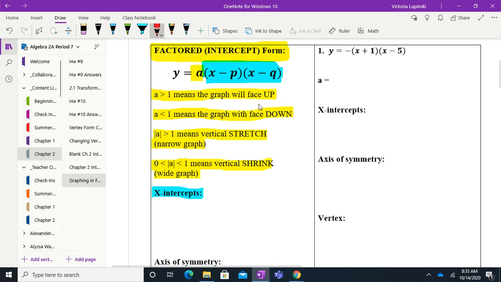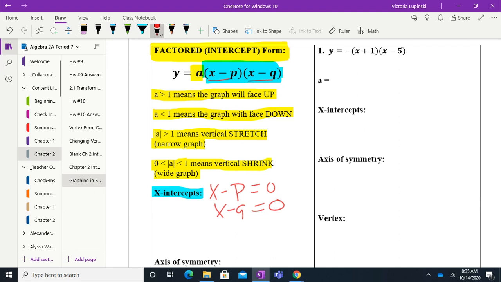You are going to set each of the factors, x minus p, x minus q, equal to 0. So x minus p equals 0, x minus q equals 0. And you should remember that you're allowed to do that because of the zero product property, which you should have reviewed during the matching introduction.